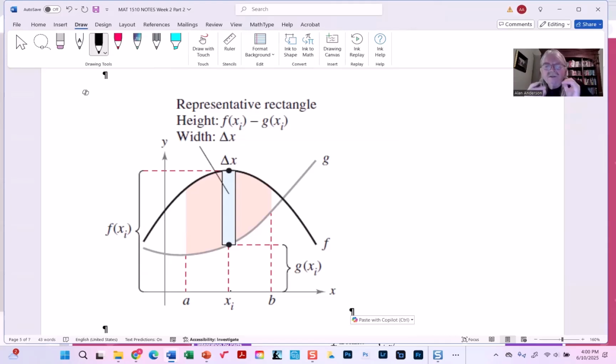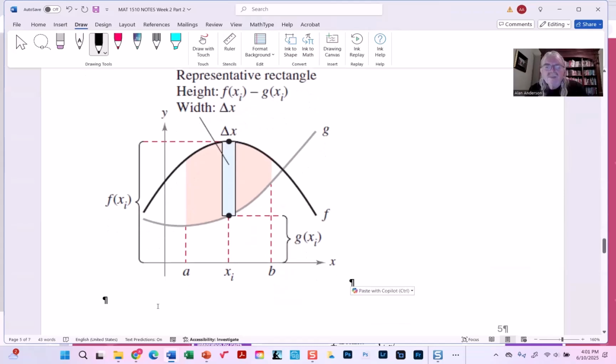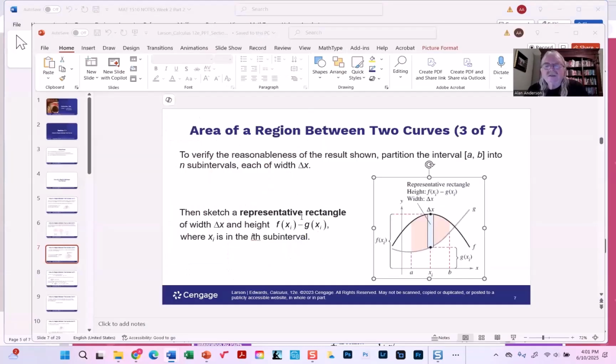They're starting us out by showing us how this rectangle spans the gap between f of x and g of x. The width is defined as delta x. We choose that, by the way. And what they'll show us is that in the limit, as these widths get smaller, which means there are more rectangles, we'll end up ultimately with the area between the two curves. So where is this going?